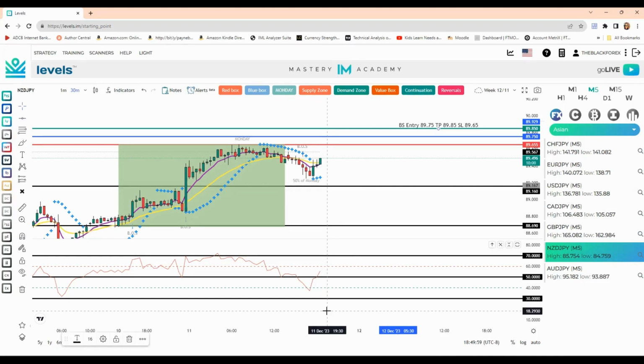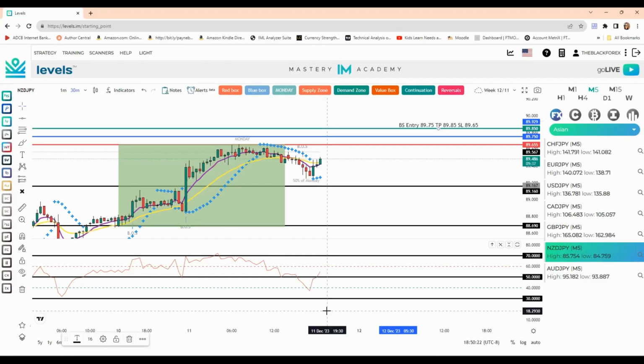So NZDJPY, again, I'm reminding you that this one is volatile. The buy stop is going to be 89.75. Stop loss is 89.65.